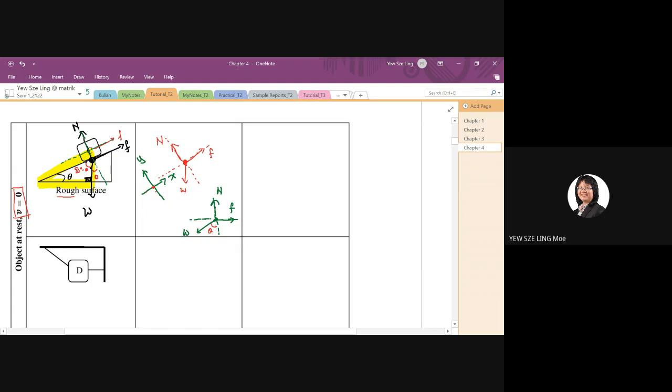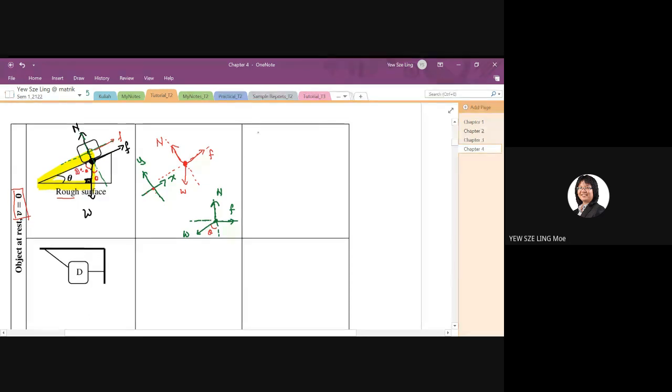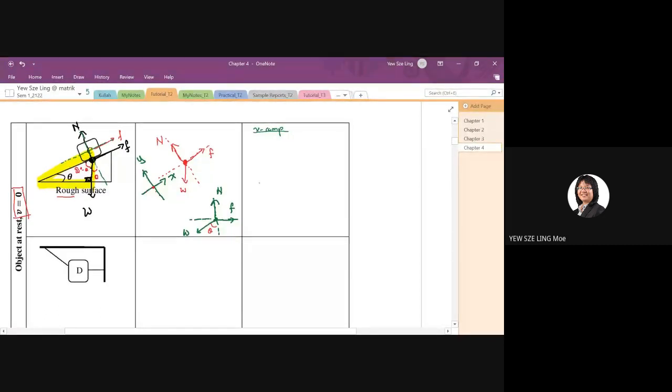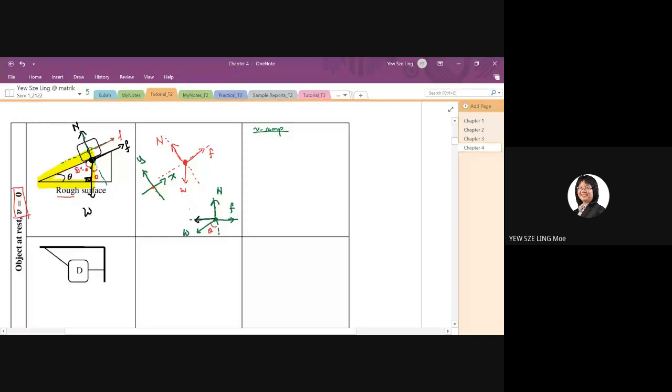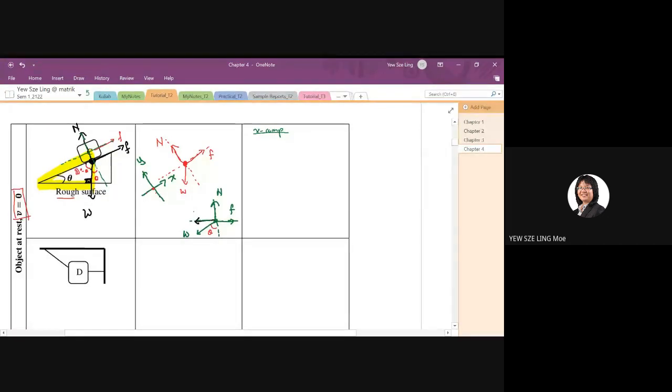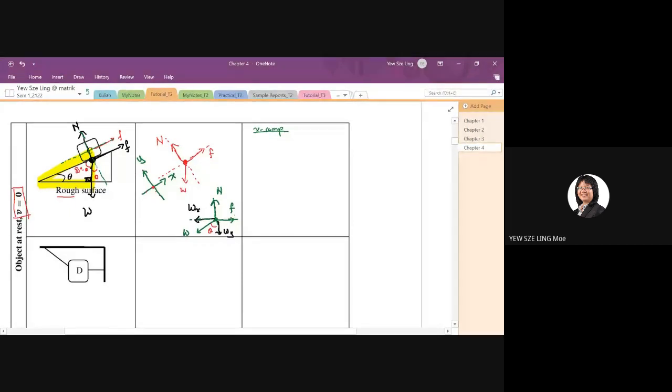Now that I have rotated my free body diagram into the green color free body diagram, what am I going to do? I'm going to resolve it into x and y components again. For the x component, I'm going to take the one lying on the horizontal line. If you look at W again, it's lying in between the x and y components. So the force that you need to resolve is W: Wx, and here you have Wy.